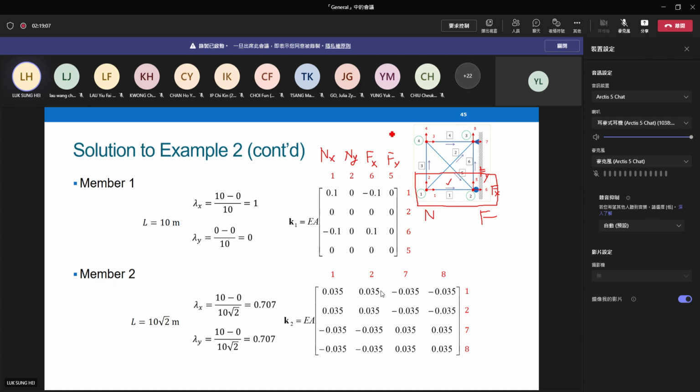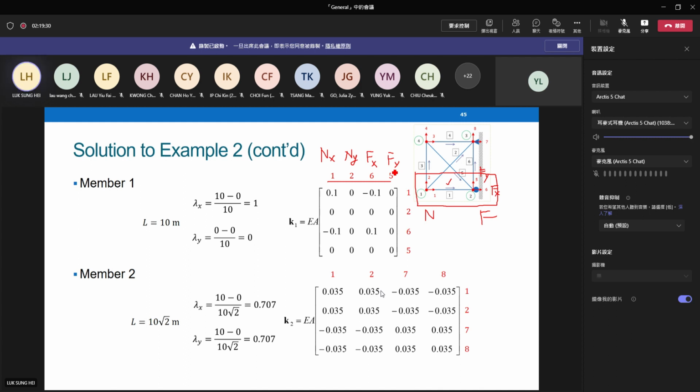The code number order is 1, 2, 6, 5. This arrangement is based on your code number diagram, and it helps you to combine the matrices later on. When you combine all element matrices, you have to add up the values with the same index.